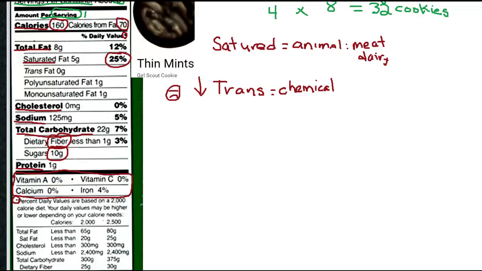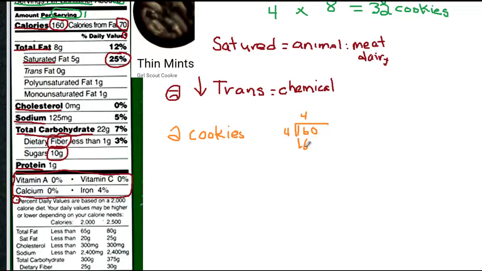Now, if I look at something that has to do with calculation, I might say, okay, 1 serving is 4 cookies. But what if I only eat 2 cookies? What's the information for 2 cookies? Well, 4 cookies has 160 calories. So I could say, okay, 160 calories divided by 4 cookies. 4 goes into 16 4 times.